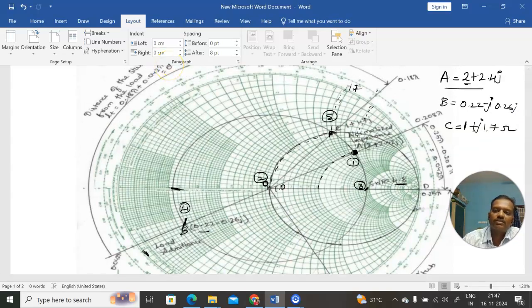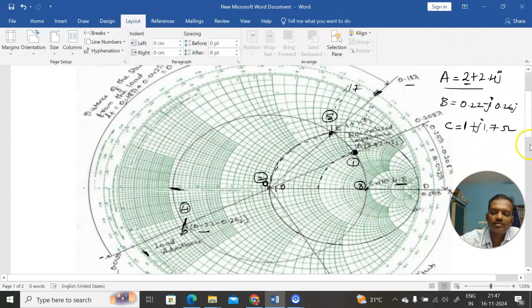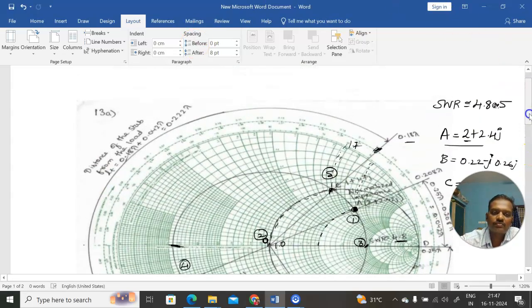See, so this area is 0.18 lambda, so this area is 0.427 lambda. So this is the distance from the load. Okay, so this value can be found. So which is the distance of the stub from the load, LT.